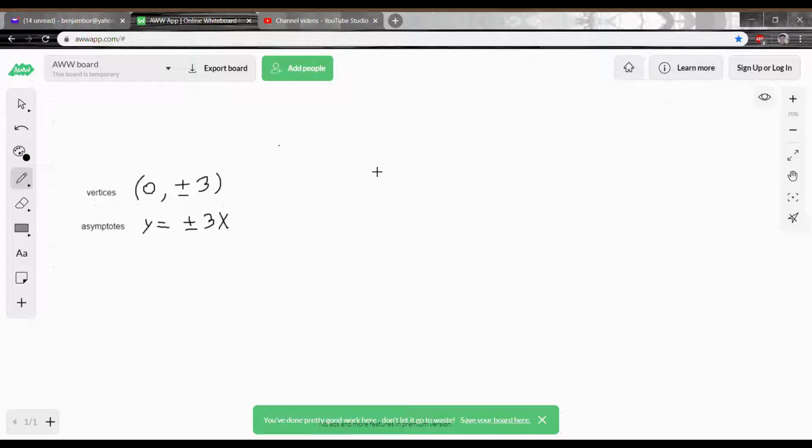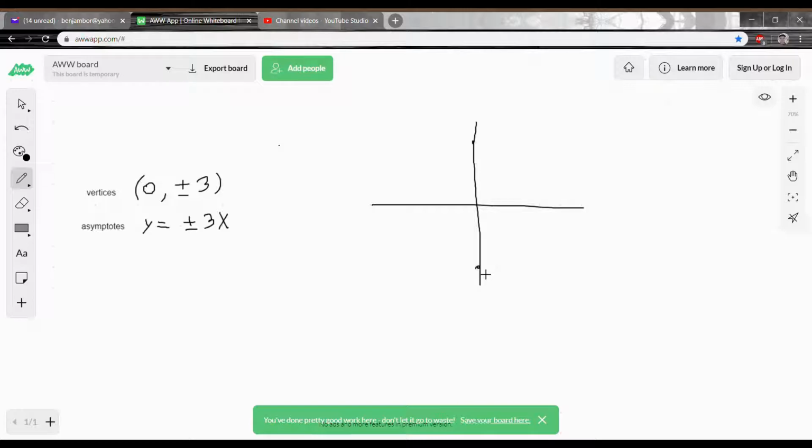So we can try to quickly graph just to help us visualize it. If the vertices are at x equals 0, y equals positive or negative 3, one vertex is going to be here, the other vertex is going to be here.